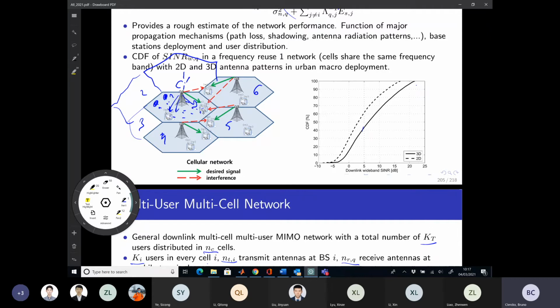So the user here will see interference from those streams that are transmitted to the other users, but will also see interference from those 2 red arrows coming from 2 different transmitters. Those 2 transmitters will transmit information to their respective users, but those signals will also be received at the user of interest here, my user Q.